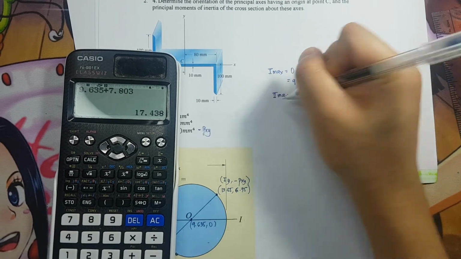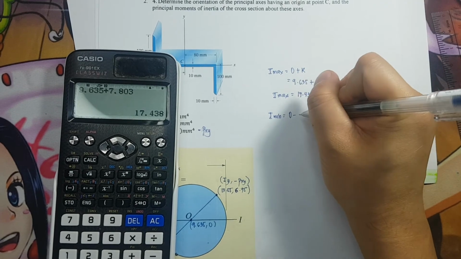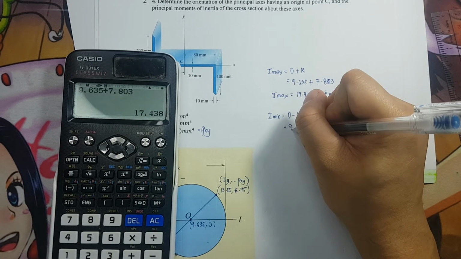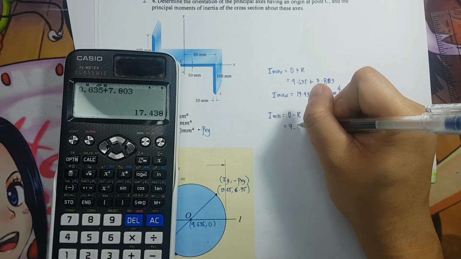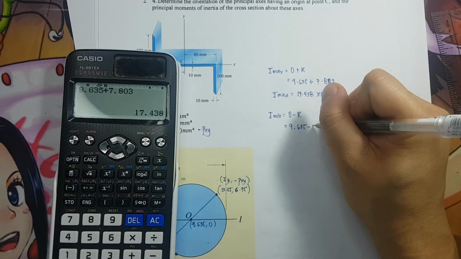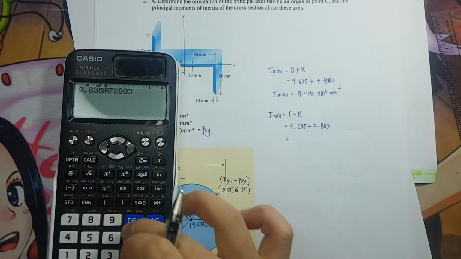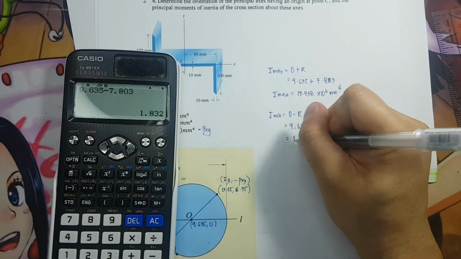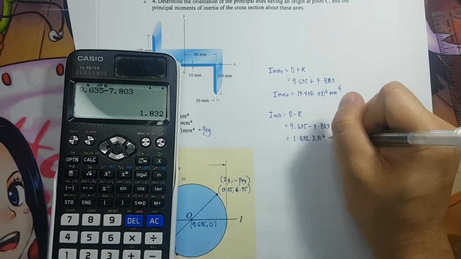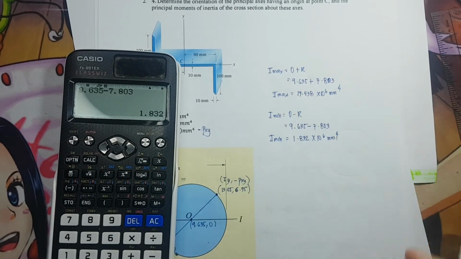That is Imax. Next we have Imin, that is O minus R. So that is 9.635 minus our radius of 7.803. 1.832, and that is times 10 raised to the 6 mm raised to the 4th. This is now your Imin.